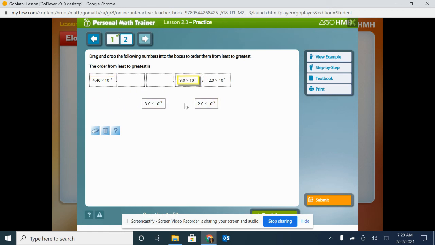So now I have to choose between these two. They have the same exponent, so now I have to look at the coefficient. Which one is smaller, 2.0 or 3.0? Technically, this is bigger. If I'm not sure, I can always use my handy dandy calculator.